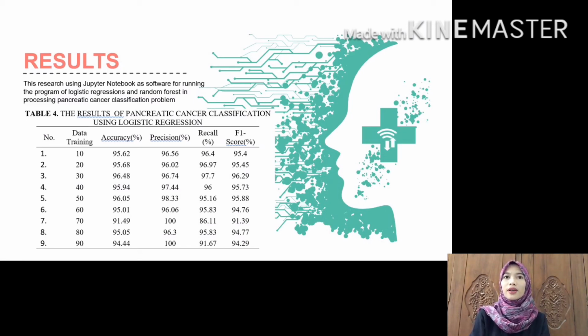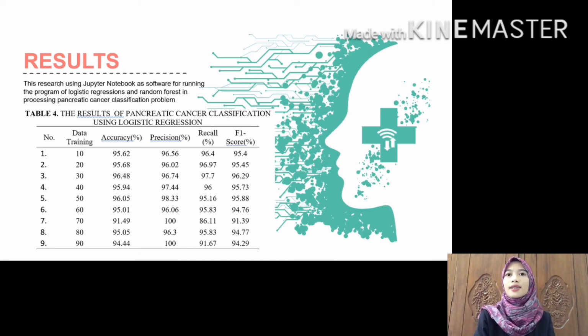Based on Table 4, the number of data training affects the value of accuracy, precision, recall, and F1 score. In this research, the highest accuracy value was recorded when the data training is 30% with 96.48%, while the lowest accuracy value was recorded when the data training is 70% with 91.49%.